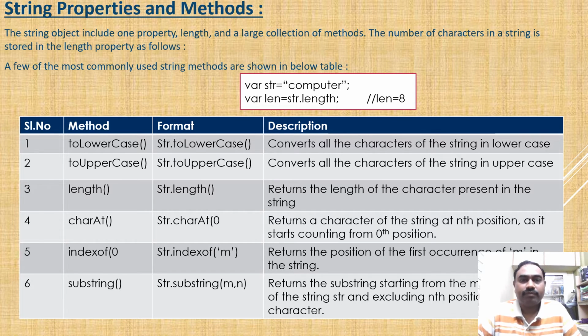Here, a string variable equals, within double quotes, a string literal assigned to the string variable, and also you have to find out the length. So the variable len equals str.length. It returns length 8. So here are some methods in the tabular column you see: toLowerCase, toUpperCase, length, charAt, indexOf, substring.